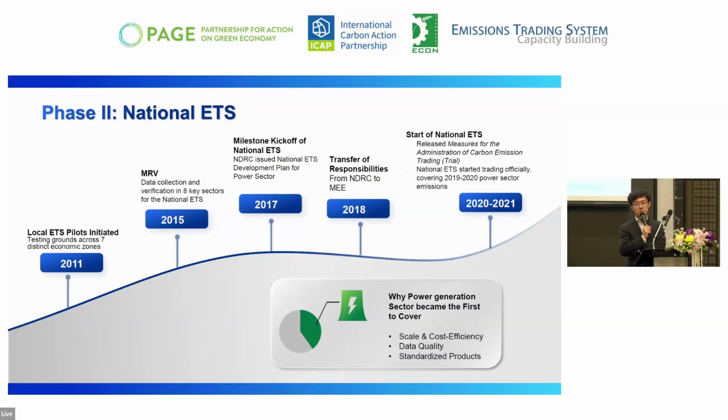Meanwhile, what China actually started with was the MRV, which is the data collection. Starting from 2015, as the sub-phase of China ETS implementation, China had been doing the MRV for its 8 sectors' emissions, from 2013 onward.